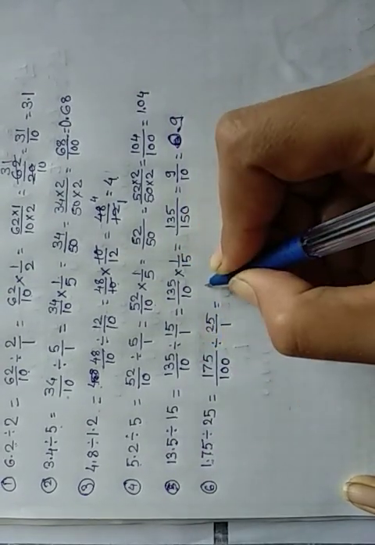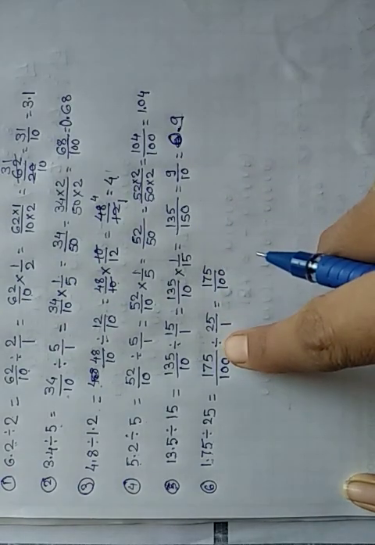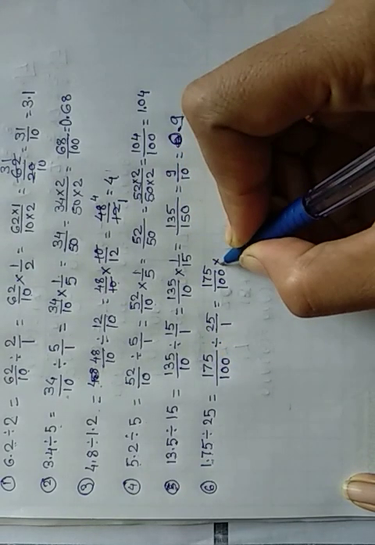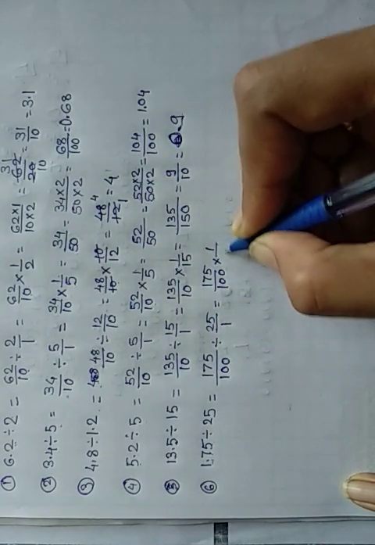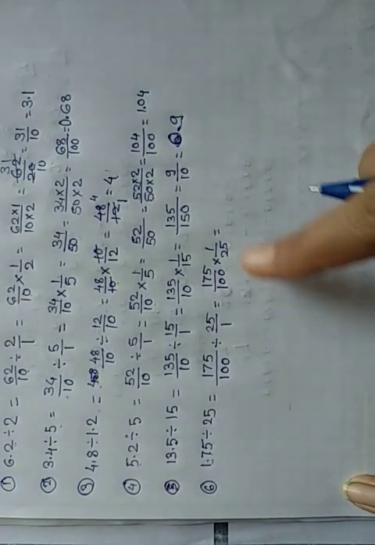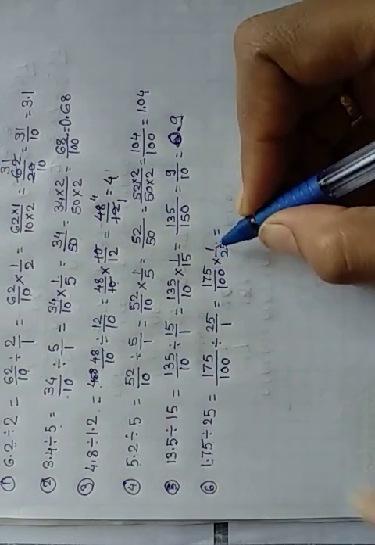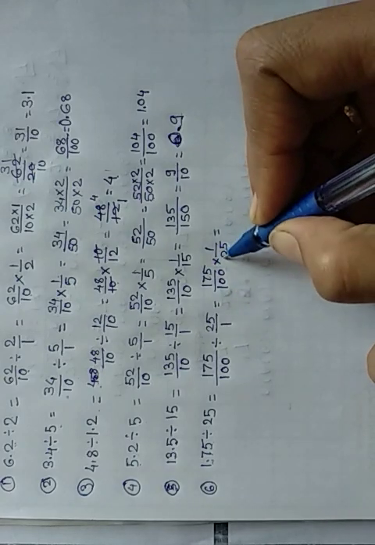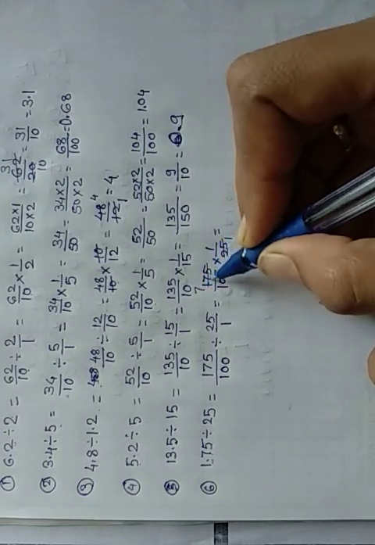Now write down the first fraction as it is. Then convert the division sign into multiplication and take the multiplicative inverse of 25 upon 1, that is 1 upon 25. Now here in the multiplication, you can reduce here also. 25 ones are 25 and 25 sevens are 175.